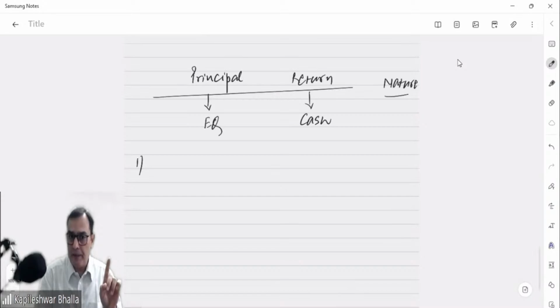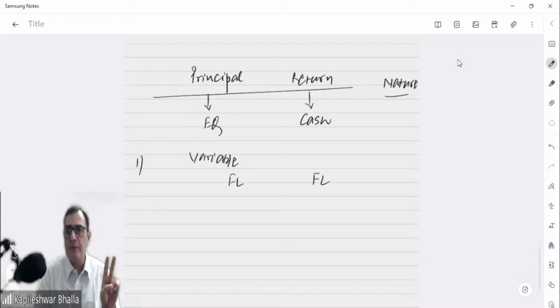My issuing company decided to issue a variable number of equity shares. If you decide to issue a variable number of equity shares, then it becomes a financial liability. And as far as the return is concerned, it's paid in cash, it's a financial liability. So a variable equity share is one component, FL, and the return in cash is again FL.